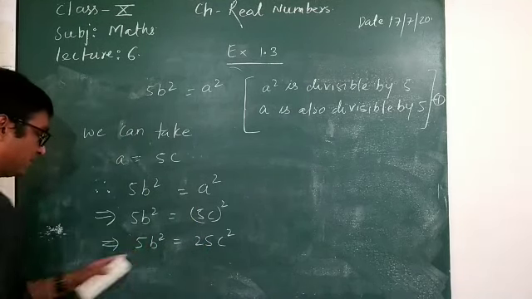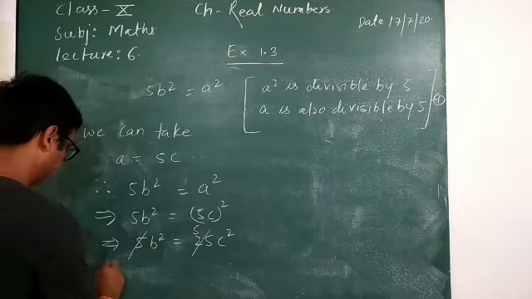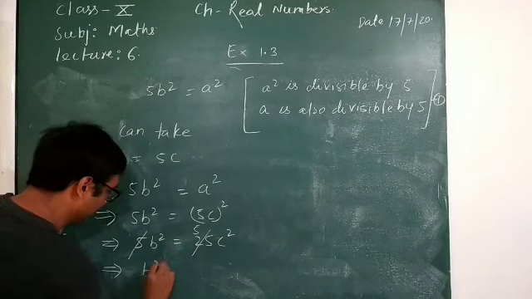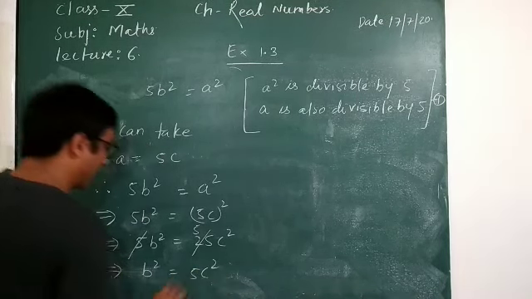Again you can divide it by 5, so we can write b square is equal to 5c square.